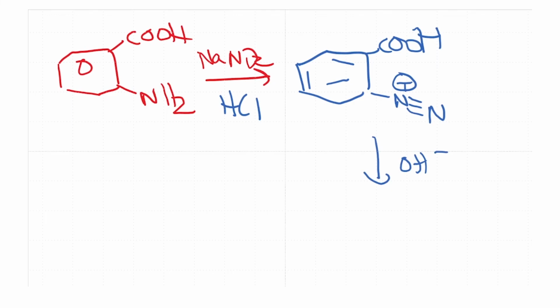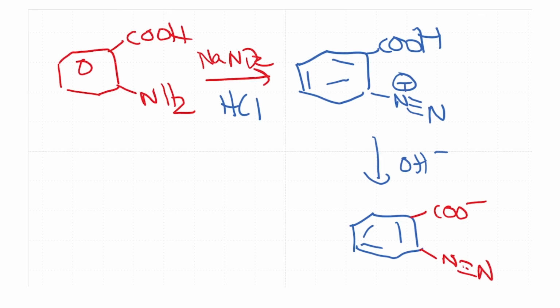what it does is it converts this carboxylic acid to the COO minus. Okay, so you have the formation of COO minus and N triple bond N plus.